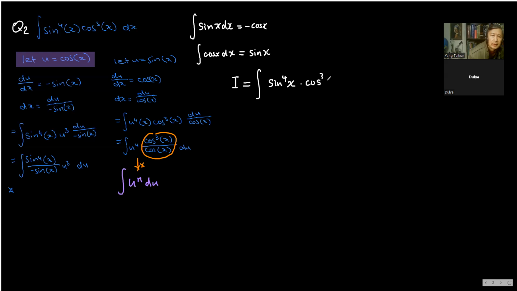So what I do is borrow a sine x here, can you see? So that would become sine x multiplied by cosine x to the power 3, and this part became sine x dx. Can you see that?